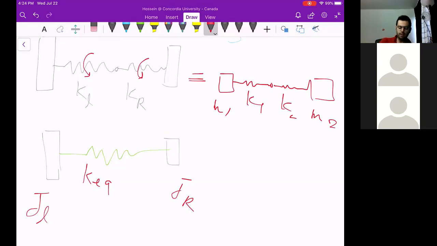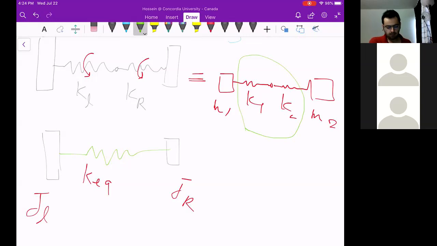So if we had 2 linear springs and 2 masses, how can I simplify these 2 springs, K1 and K2? I would go in series. So I would go like 1 over K1 plus 1 over K2. Right, exactly.